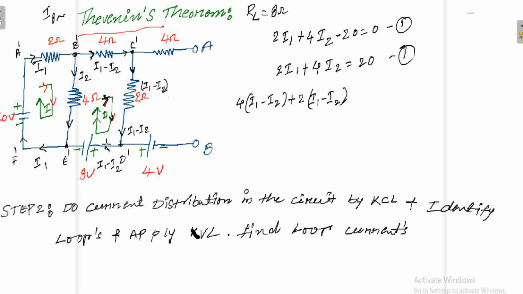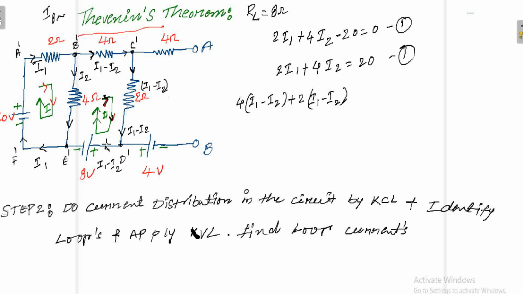This is your second equation. Just solve it: 4I1 minus 4I2 plus 2I1 minus 2I2 plus 8 minus 4I2 is equal to 0. 4I1 and 2I1 give 6I1.